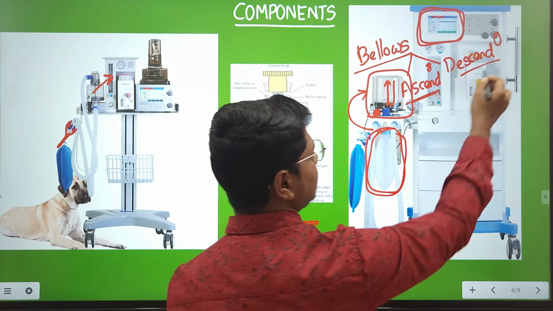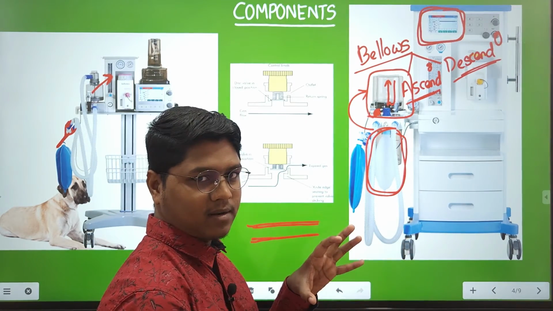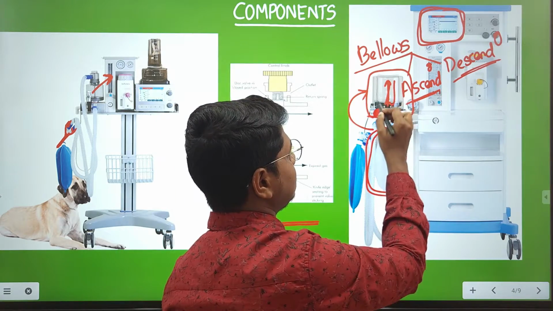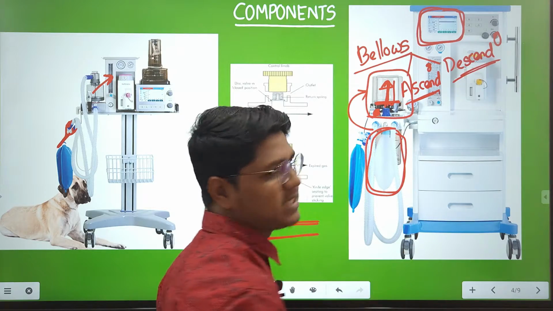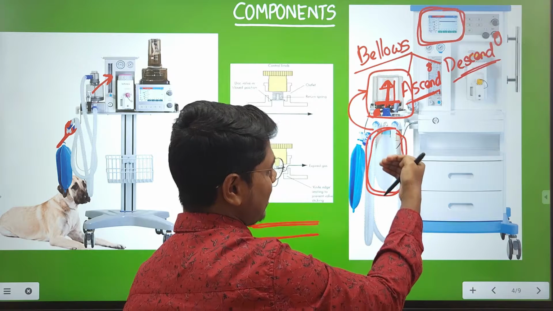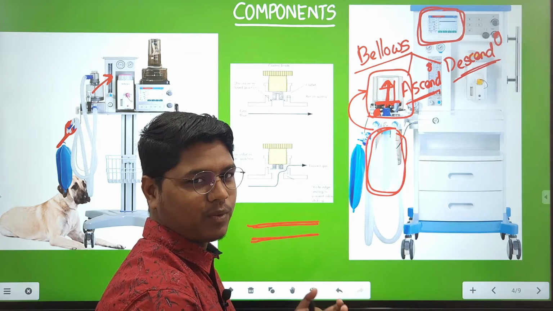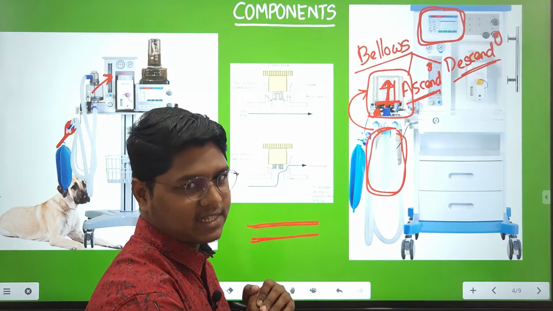So how will you know whether this is ascending or descending? When the animal expires, if this goes up on expiration, then this is the ascending one. If it is going down, then it is descending bellows.